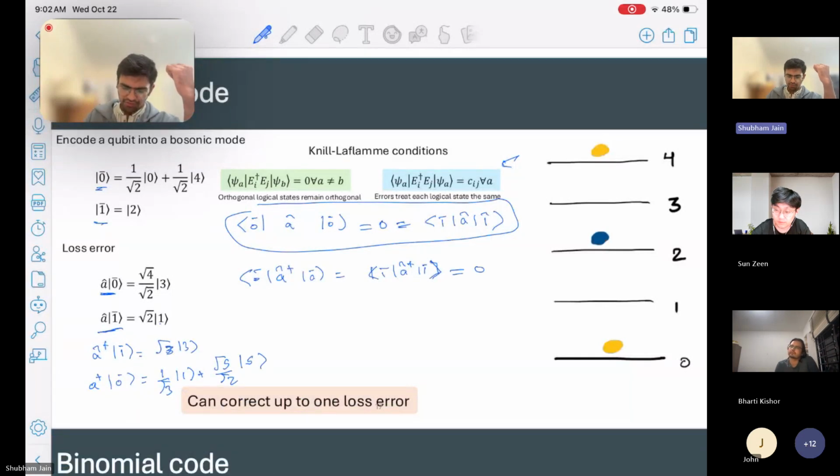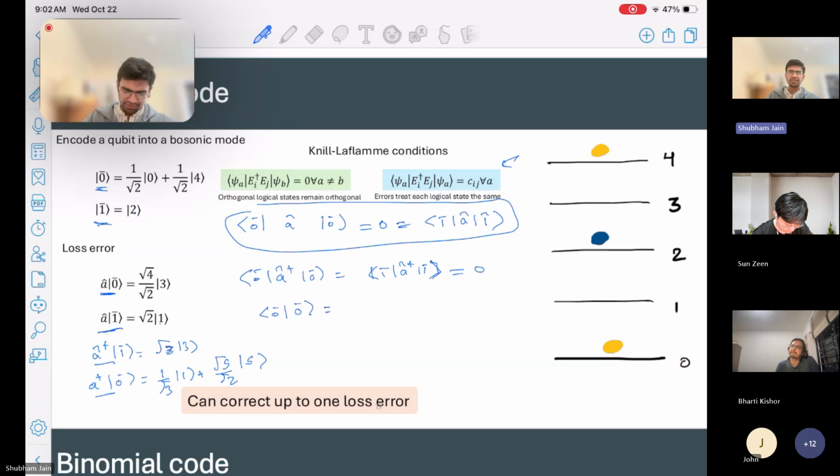And these are both again going to be 0 because we have changed the Fock number by 1 by applying this operator. The resultant Fock number is never going to be equal to the same Fock number that we started with because we have changed it by 1. So the overlap of this with this is 0 and this with this is 0. So these are both 0 and this is satisfied.